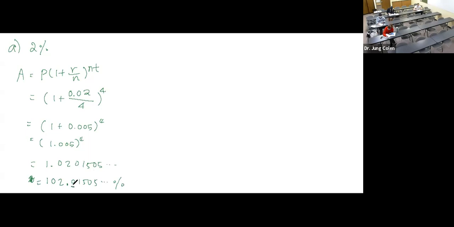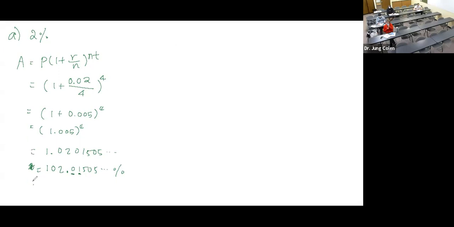I'm looking at the next digit, which is greater than or equal to 5. What do you need to do? Round up. So it becomes 2, right? So that is about 102.02%.